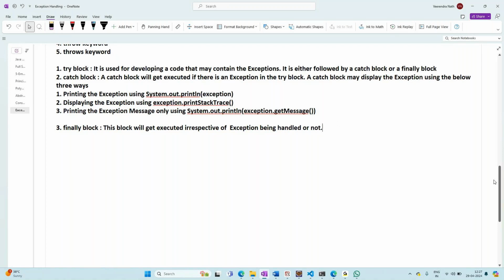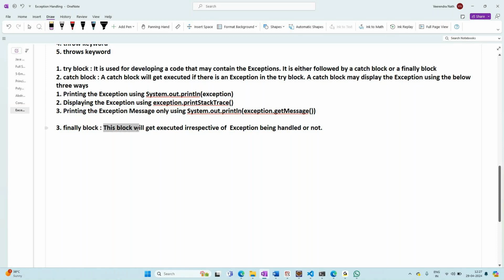The catch block may display the exception in three ways: printing the exception using System.out.println, displaying the exception using exception.printStackTrace, and printing the exception message only using System.out.println with exception.getMessage.